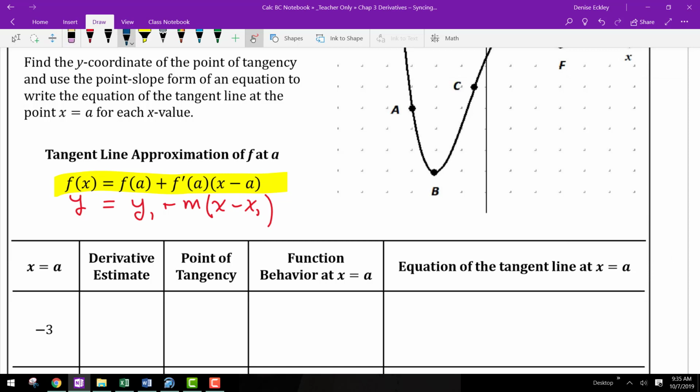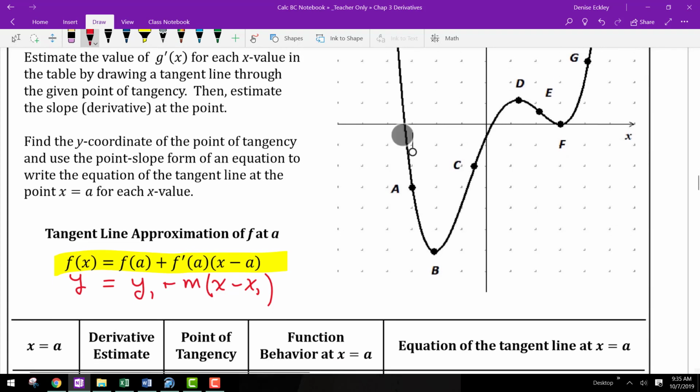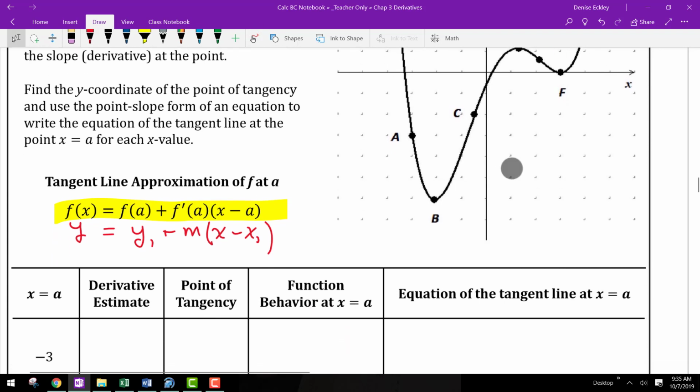All right, so the first x value is -3. So we want to estimate the derivative. It's right here in front of me, which is nice. I can see that one. So -3, 3 is where point A is. So if I draw my tangent line through point A, it's going to be right along there, like that, okay?